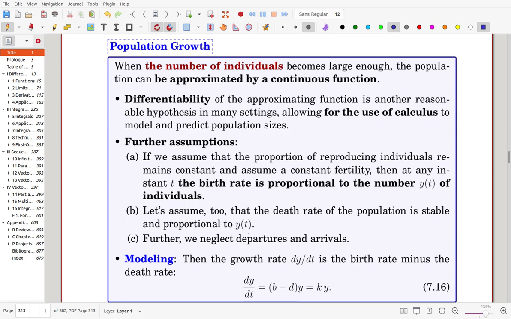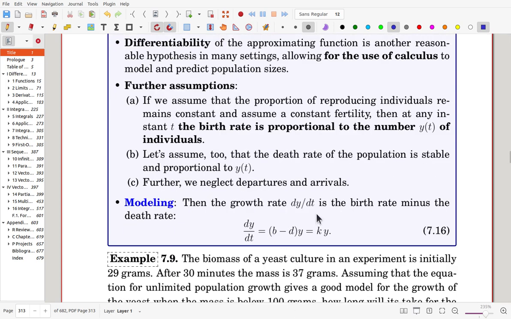Then the growth rate dy over dt is the birth rate minus the death rate. So dy over dt is the same as b minus d, the birth rate minus the death rate, times y.